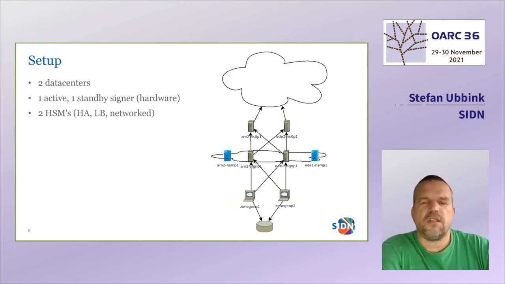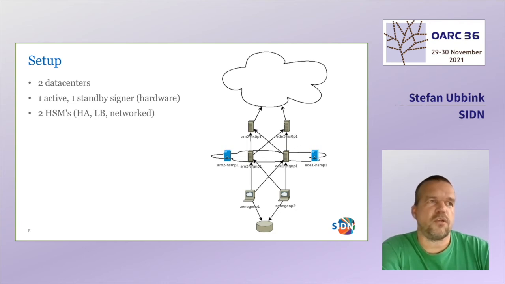Here I have a picture of our signer setup. It uses 2 data centers, and in both data centers there's a chain of systems that leads to a signed zone which is published. The most relevant parts are the signers and the HSMs.